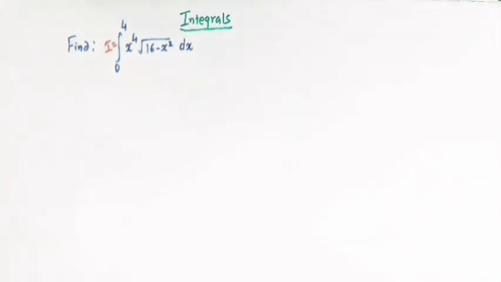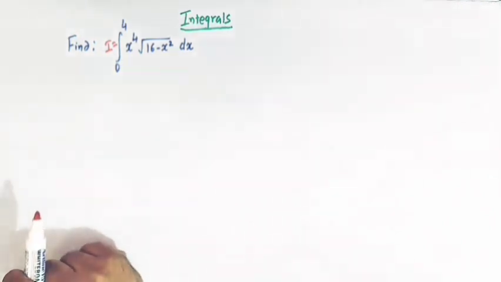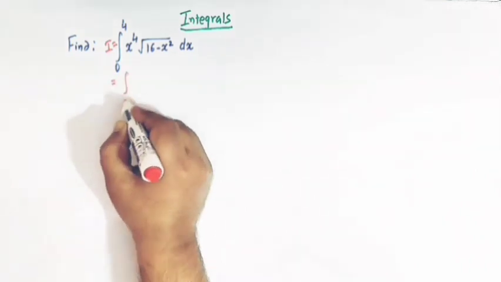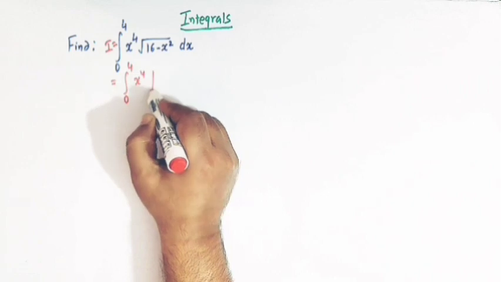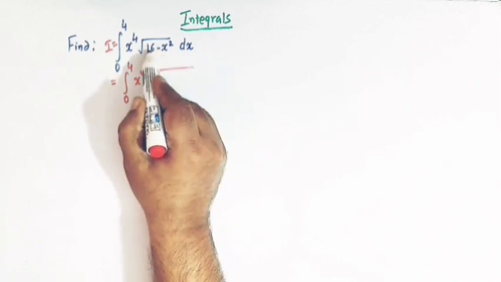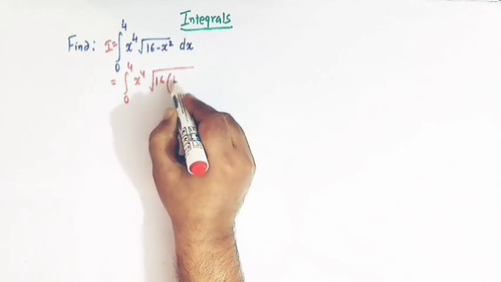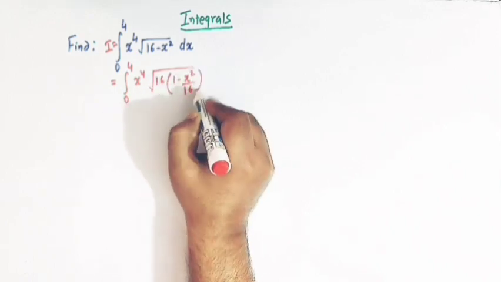So let us start. So viewers, what we will do here, we'll make use of the method of substitution, right? So first we'll write this integral as 0 to 4 x raised to 4, and we'll take this 16 common like this, that is 16 times 1 minus x square over 16, right?